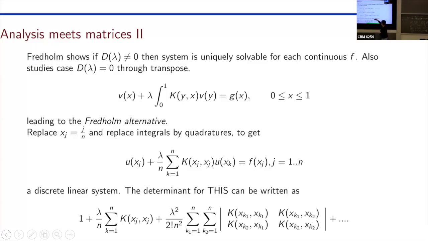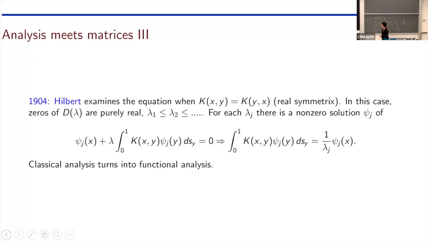You replace integrals by sums. You can write down the determinant for this problem. And then if the function you plugged into the integral was real symmetric, then you actually can show that for certain values of lambda, this expression is zero, which is another fancy way of saying that this equation is an eigenvalue problem for this operator.